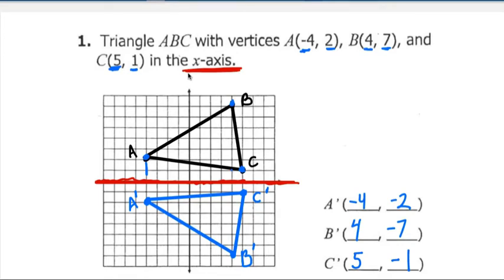That's something you can remember if you want, not required. Not trying to have you remember 8 different rules. All you have to remember is that the image and the pre-image are the same distance from the line of reflection. And that's what gives us this mirror image.